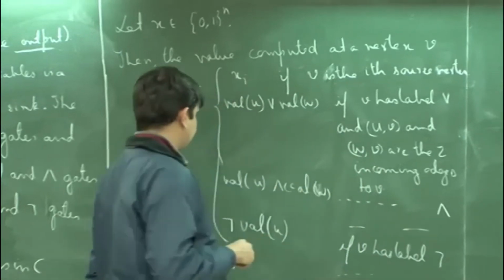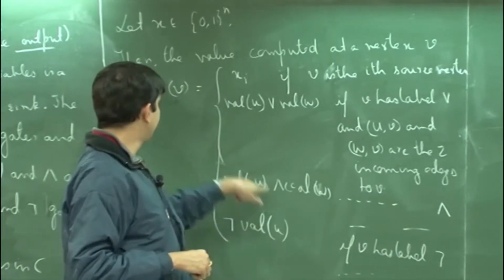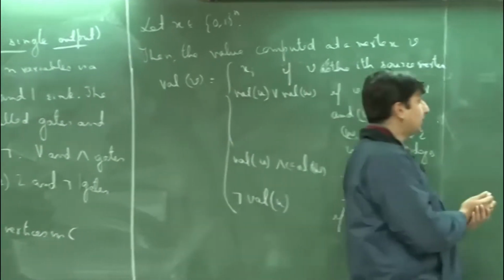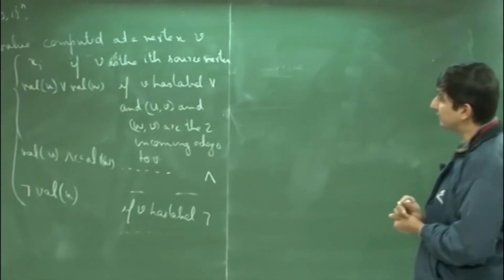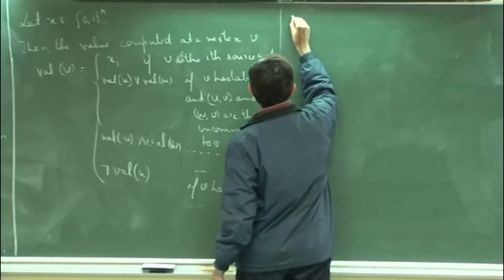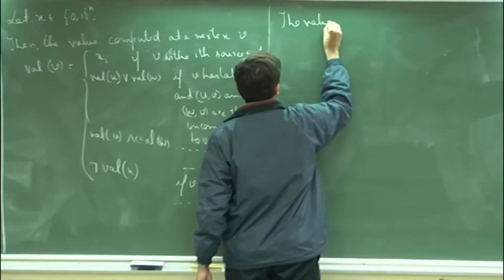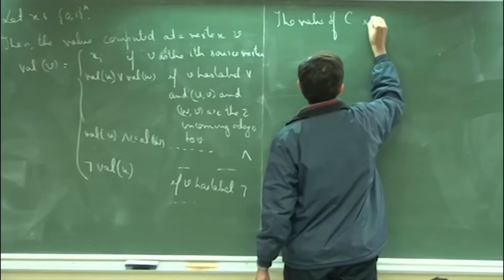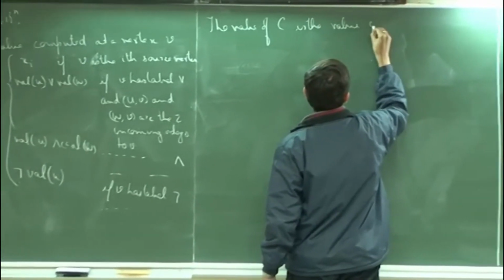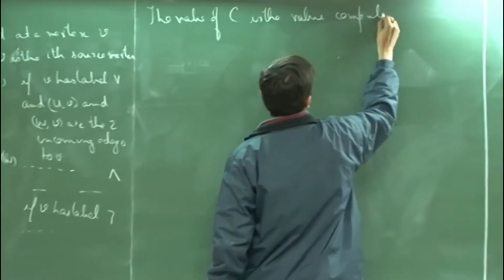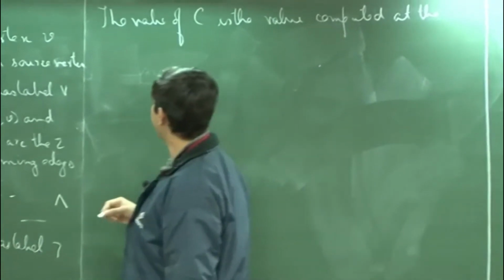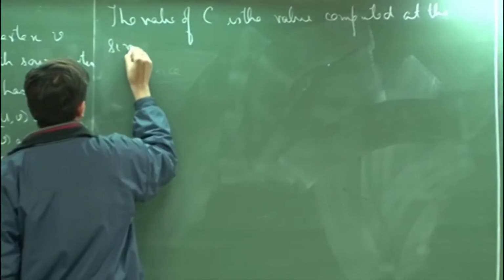In this case it has fan-in 1, so uv is the only incoming edge. This is how the value is computed at each vertex given a string x, and the value of C is the value computed at the sink node.